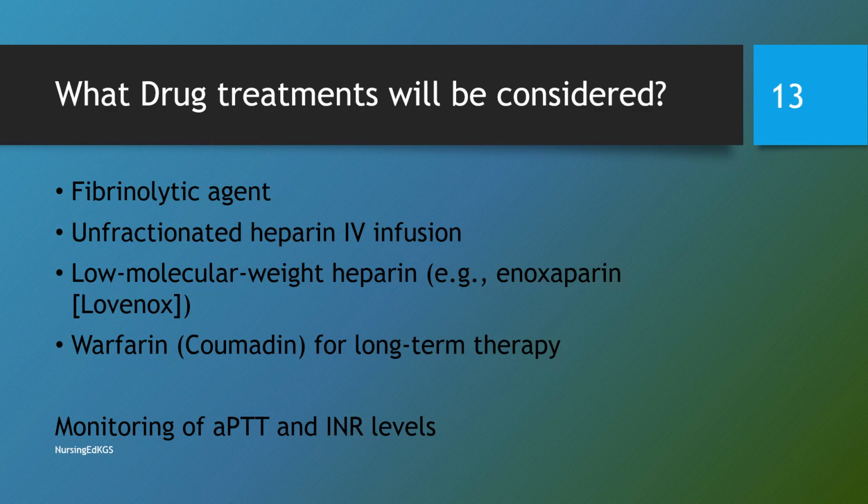Now, the first drug that may be considered is a fibrinolytic agent, such as tissue plasminogen activator, TPA, or alteplase. And these work to dissolve the pulmonary embolism as well as the source of the thrombus in the pelvis or deep leg veins, thereby decreasing the likelihood that the patient is going to have recurrent emboli.